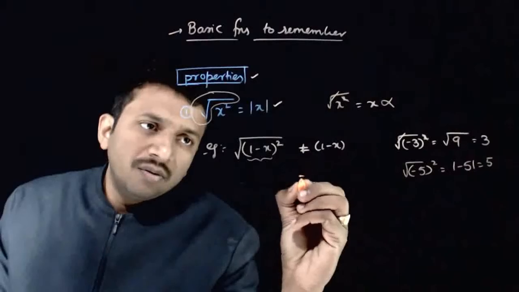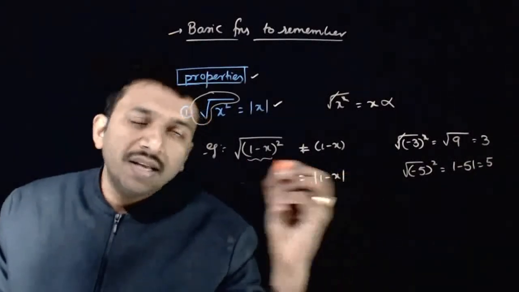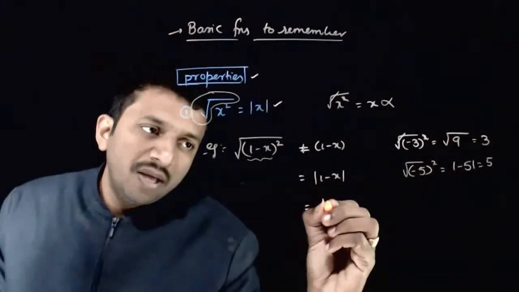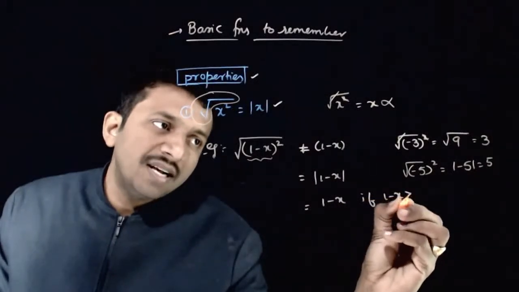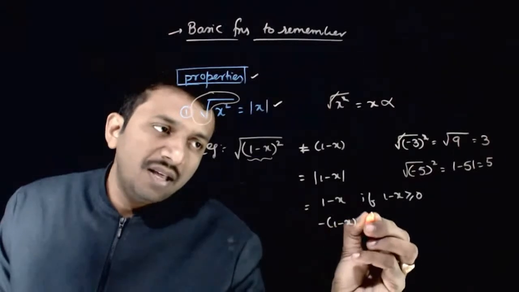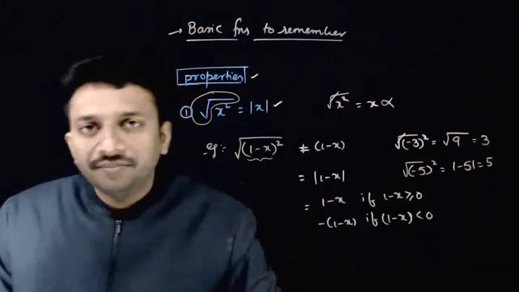So you should write it as mod of (1 minus x). Mod of (1 minus x) is exactly 1 minus x if 1 minus x is greater than or equal to 0, and minus of (1 minus x) if 1 minus x is less than 0.